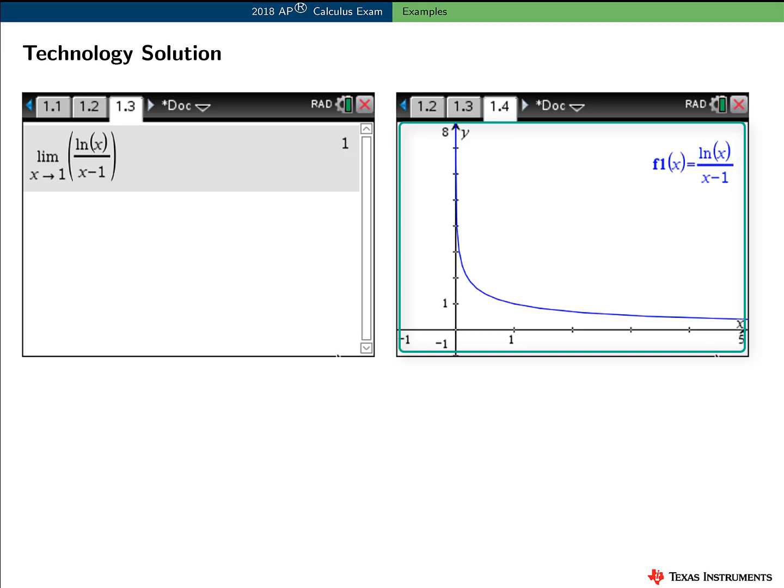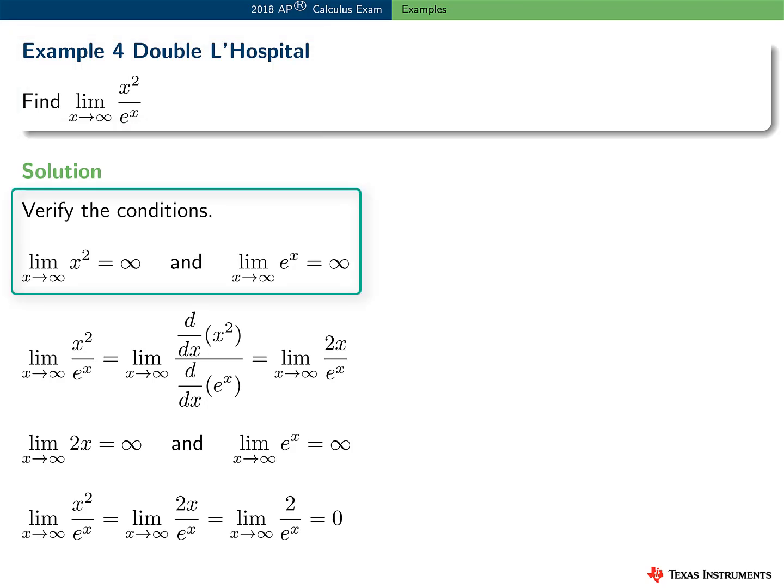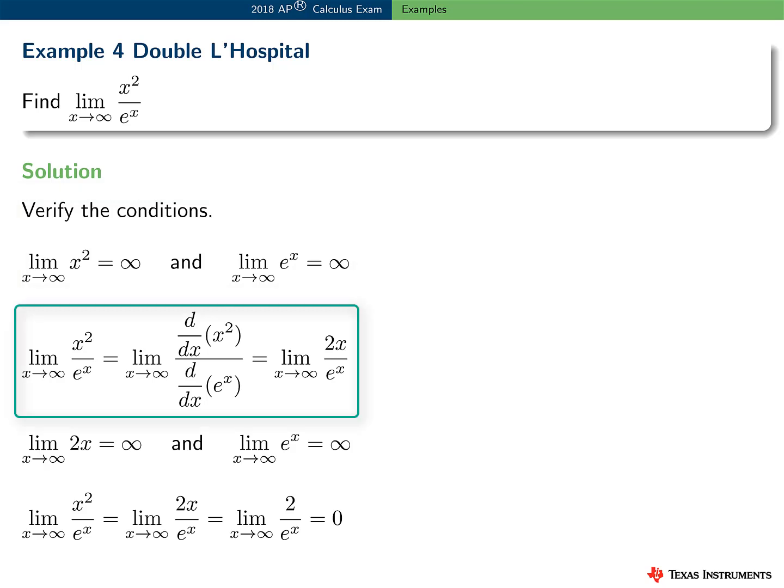In this example, let's consider the limit as x goes to infinity of x squared divided by e to the x. Again, first verify the conditions in order to use L'Hopital's rule. As x increases without bound, x squared goes to infinity, and e to the x also goes to infinity.